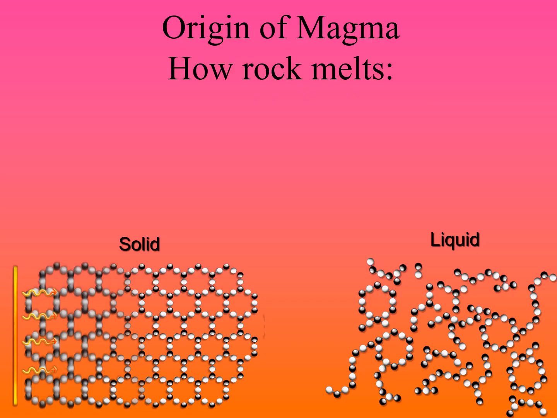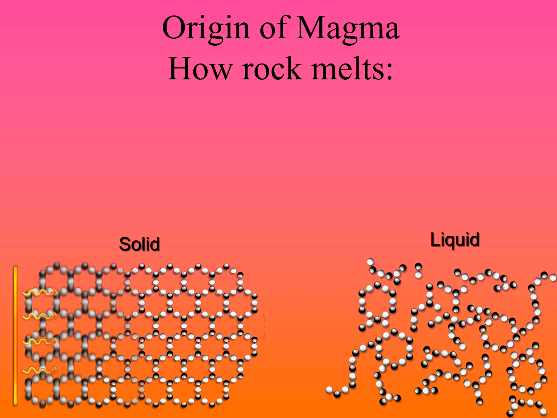So let's talk a little bit about how rocks melt. When rocks are solid, they have these nice ordered structures here. And as you start to heat them up, some of the weaker bonds between certain atoms or elements start to break apart, right? Because you have to introduce energy into a system to break a bond. It requires energy, just like the boiling water example that I used.